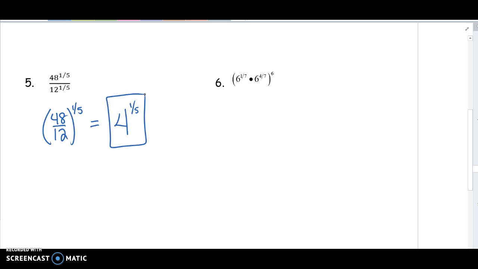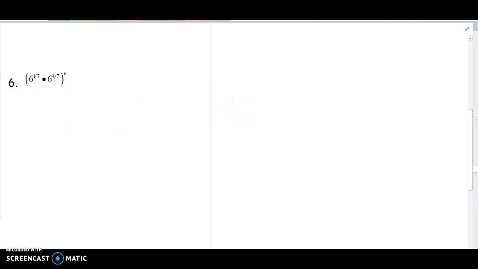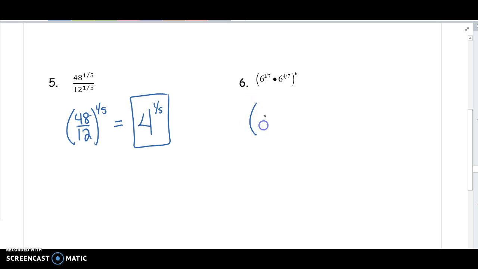Number 6. There's 2 ways you can do this. I noticed that inside the parentheses, we're multiplying with the same base. So I am going to start by doing 6 to the 1/7 plus 4/7. What is 1/7 plus 4/7? 5/7.